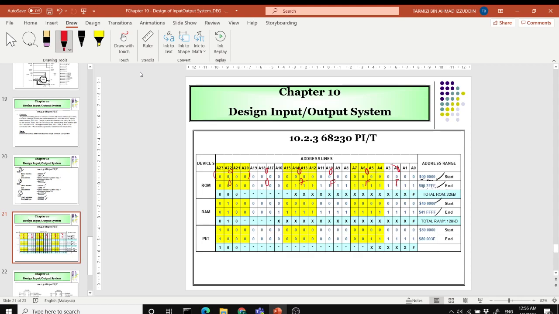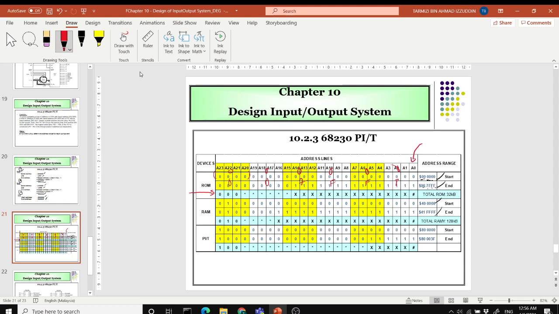So from there you're going to identify, okay, the third row over here, which address pins change from 0 to 1, and all of the address pins that change from 0 to 1, you're going to denote by X. So again, like last time, except for this A0.